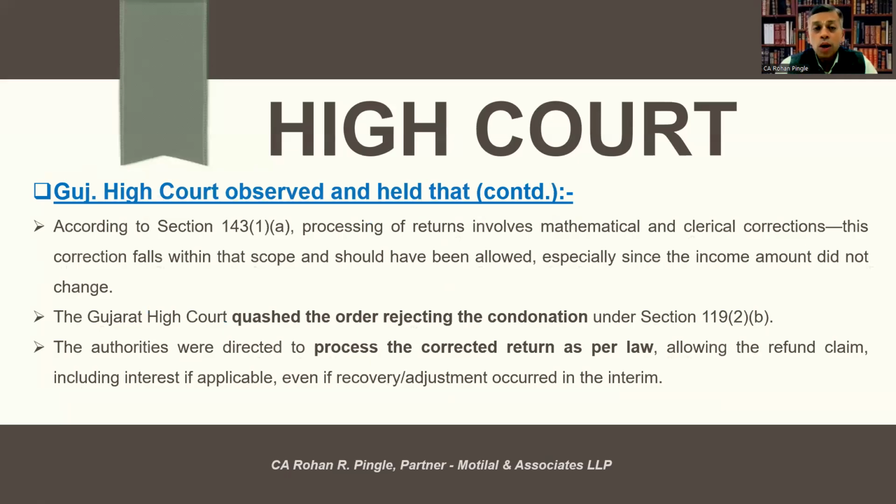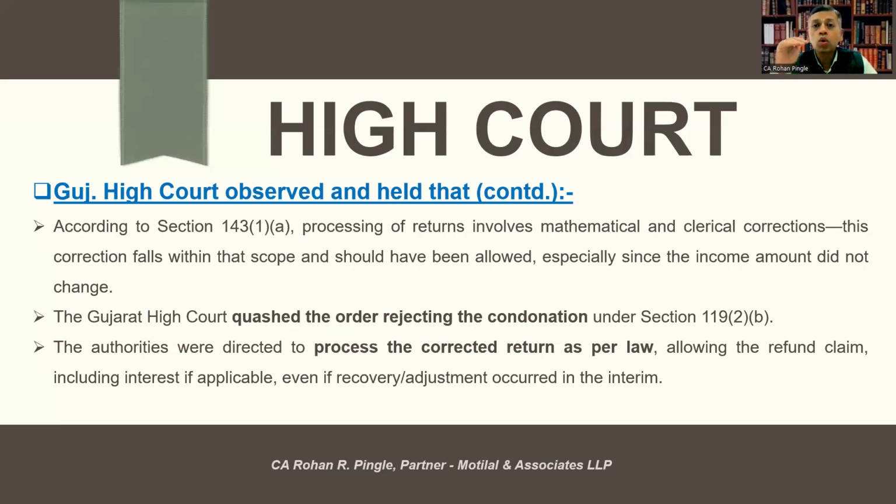According to Section 143, subsection 1, clause A, processing of return involves mathematical and clerical corrections. These corrections fall within that scope and should have been allowed, especially since the income amount didn't change.